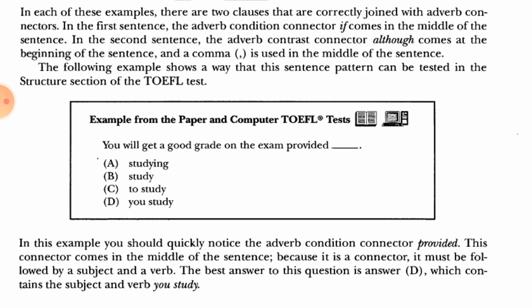So after the connector provided, because we have a clause here, and you know that the clause must have a subject and a verb, the correct option here should include a subject and a verb.